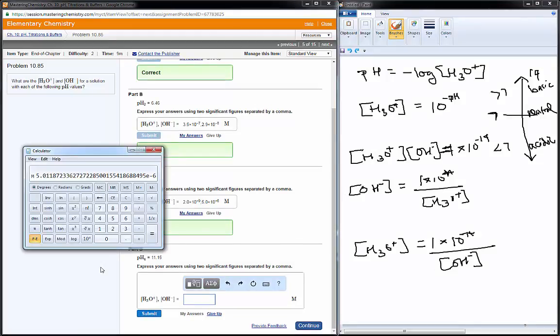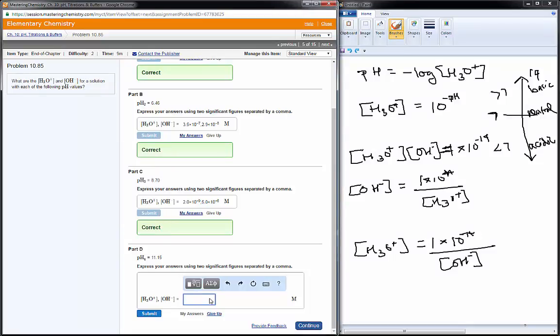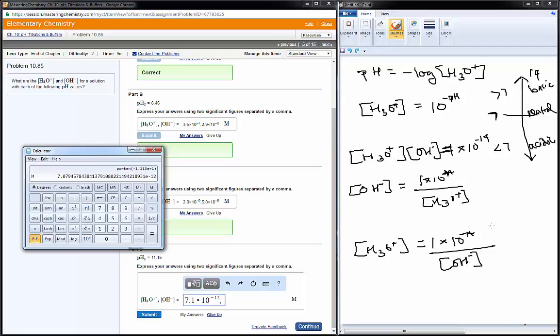And last one here, if my pH is 11.15, then my H3O plus concentration is 10 raised to the -11.15. That is 7.1 times 10 to the -12th. And my hydroxide concentration is going to be 1 times 10 to the -14th divided by this value.